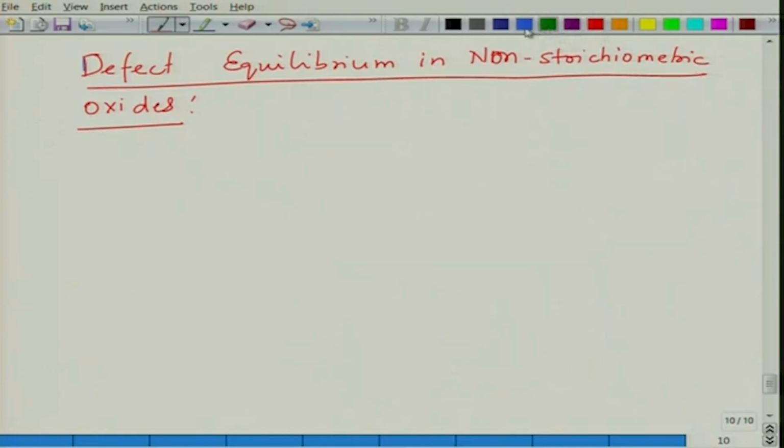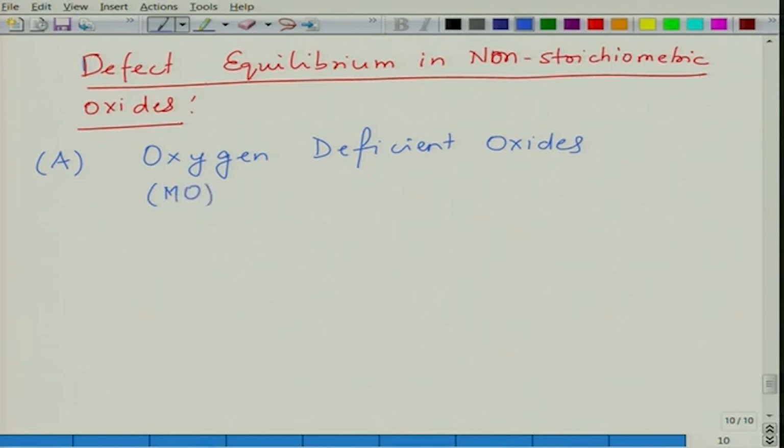So, let us take the first case of, let us say, oxygen deficient oxides, which means we consider the case of MO, let us say. So, what are the possibilities? The possibilities are when oxygen vacancy dominates. So, what kind of defects will be present will depend upon the defect formation energy.